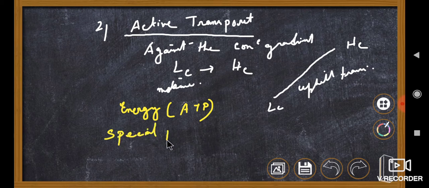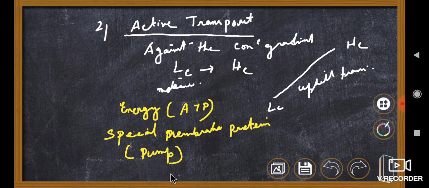In this case also there are some special transmembrane proteins, special membrane proteins that provide a way, through which the molecules can move from the region of lower concentration to the higher concentration. And these special proteins are generally called pumps. That is, I am utilizing energy to pump out some molecules out of the cell or pump in some molecules into the cell through the membrane. The special proteins in the membrane provide a path or channel through which the molecules can move either into the cell or out of the cell.